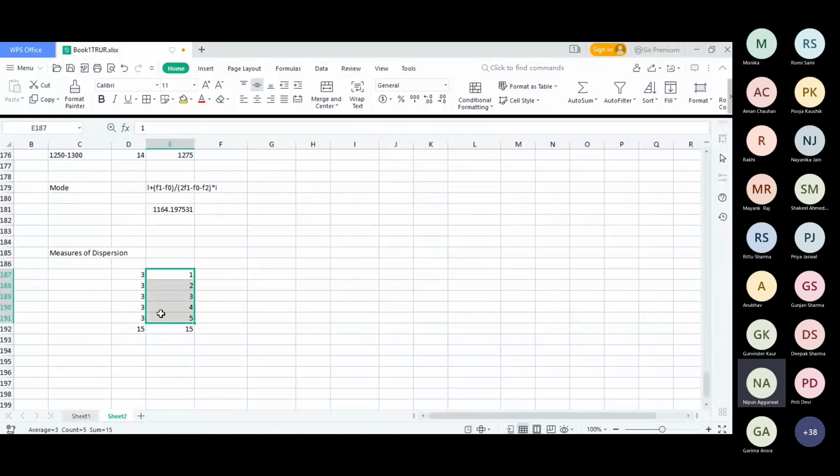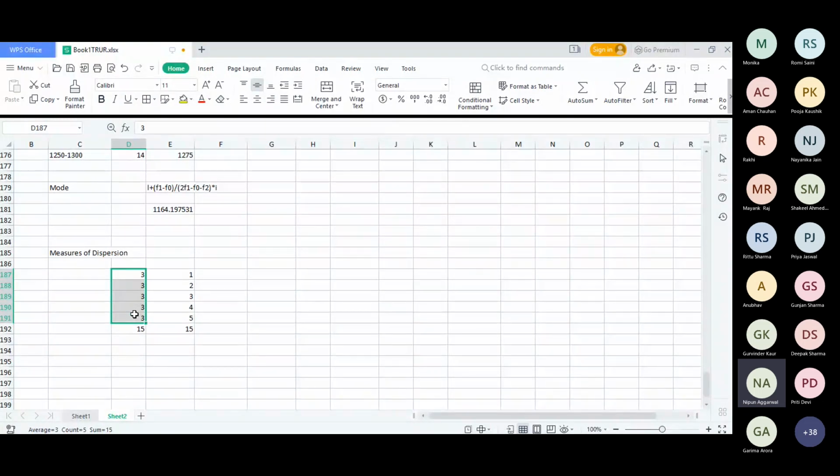But actually there is a difference between this data and this data, even though the mean is the same. So what is that difference? That difference lies in the measures of dispersion. In the first data, there are no variations: every value is 3, every value is equal.